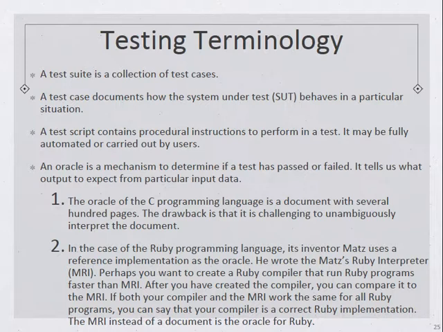I talked to you earlier about the IBM C compiler that I worked on. What is the oracle in that case? The oracle is the two big documents about the C language. Those are two documents that we rely on to know how the software should behave, what is pass, what is fail.